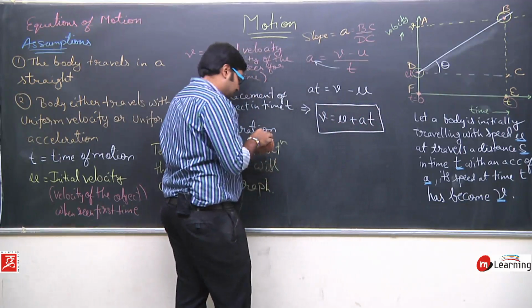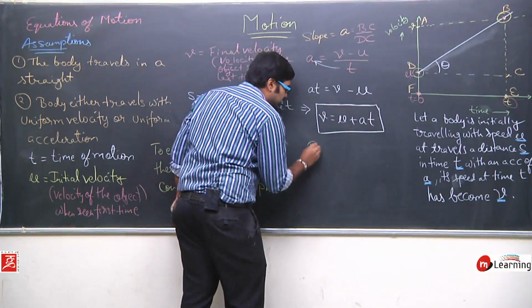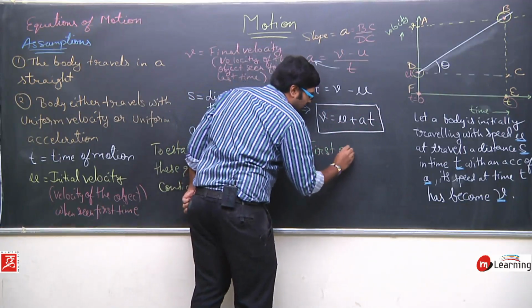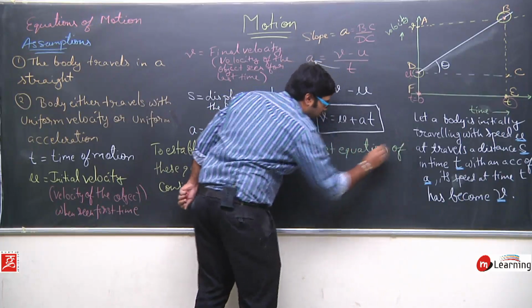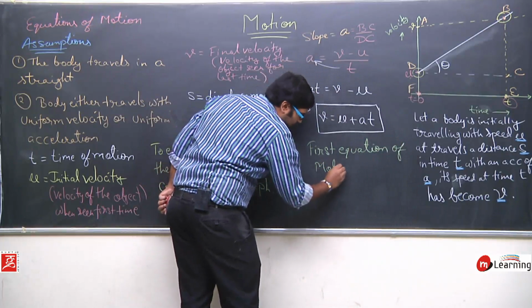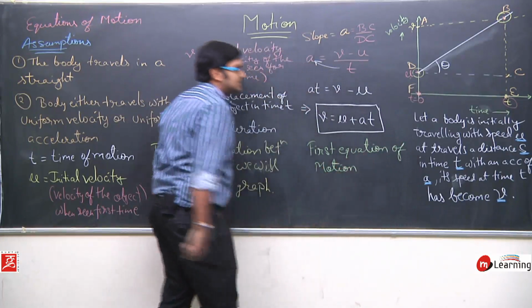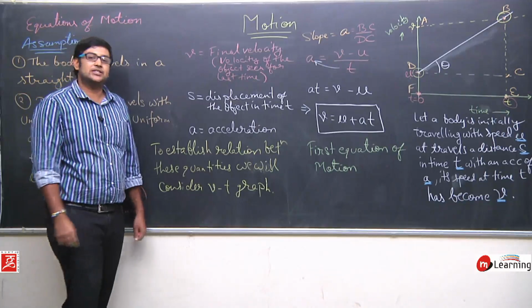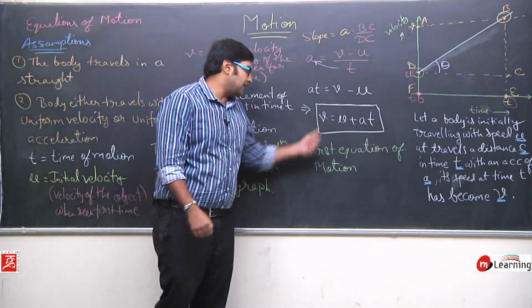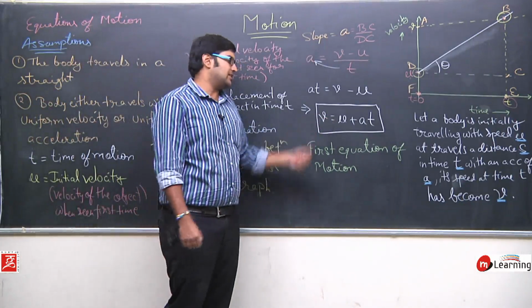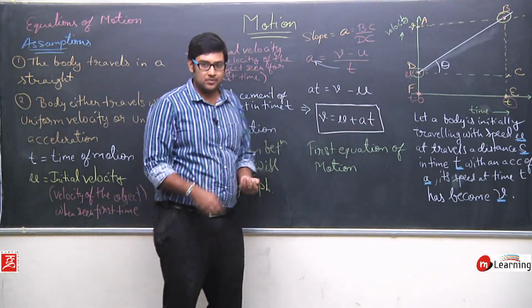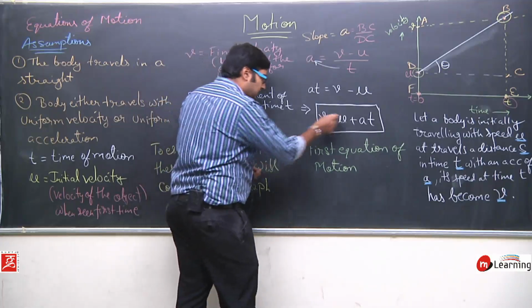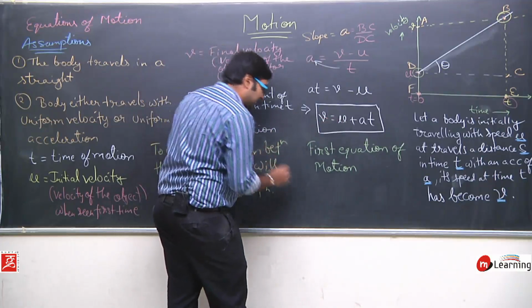This is known as the first equation of motion. We call this relation the first equation of motion, and this is an equation which shows the relation between velocity and time.